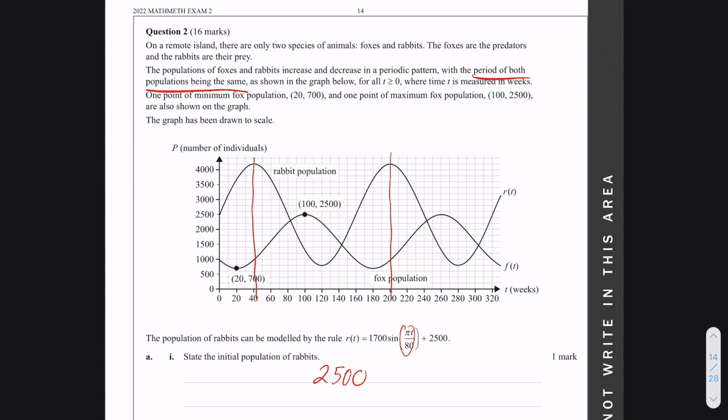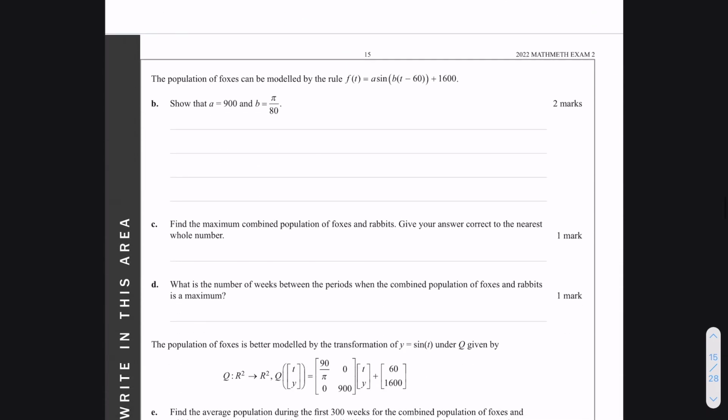But we've also got, they said the period of both populations is the same. So the period is the same. So period of foxes equals period of rabbits, and that's equal to 360.